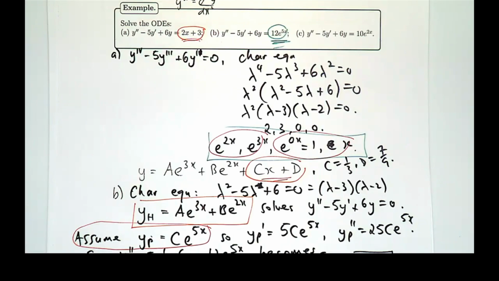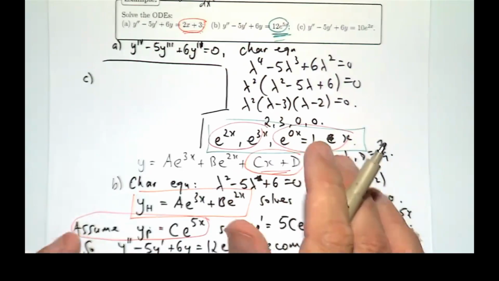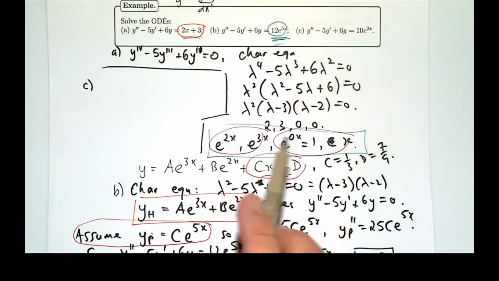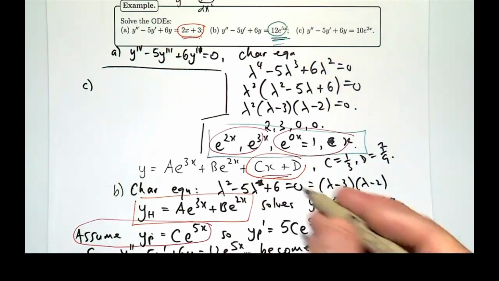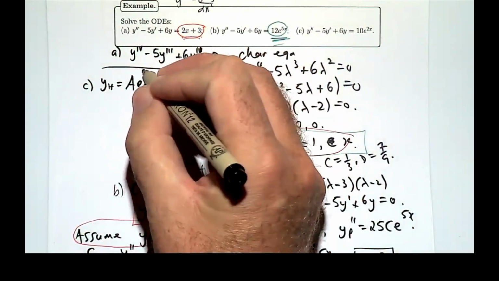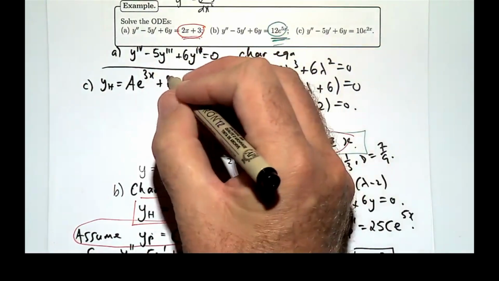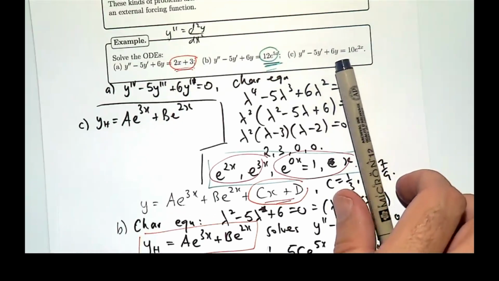Okay, so what would we do here? For part C, let me see if I can squeeze it in. Okay, so for part C, again, you're going to have, this is your homogeneous solution because the characteristic equation is the same. But now we're faced with a little bit of a strange thing.